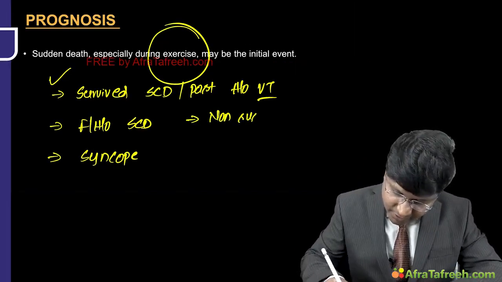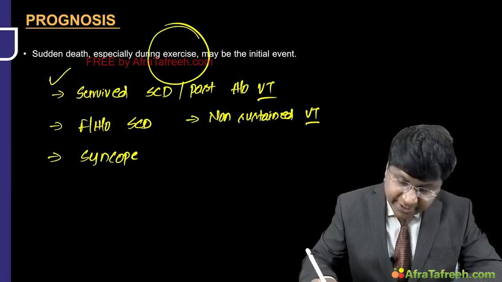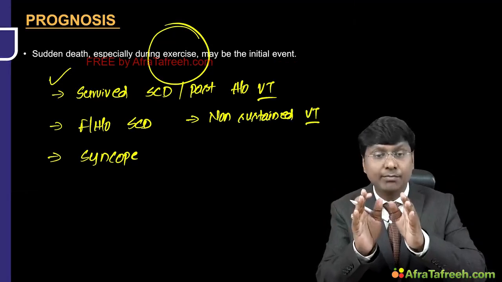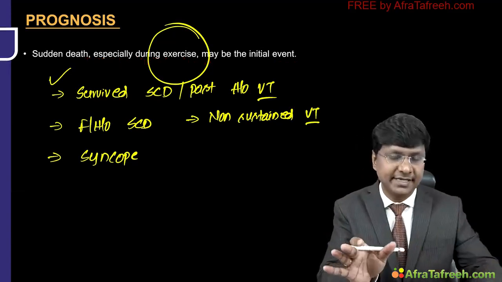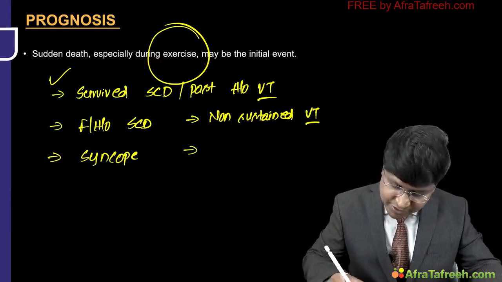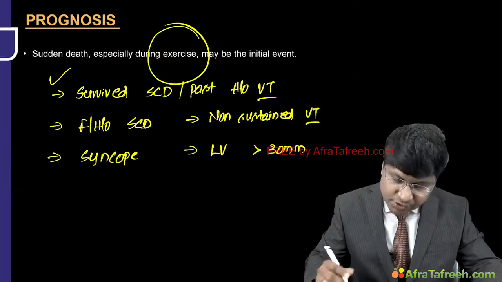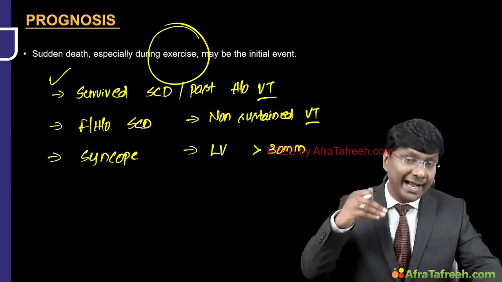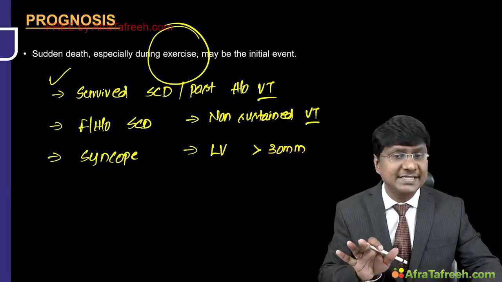Just now we have discussed how much should be VT, like it should be more than or equal to 3 beats at 120 beats per minute, and that can be monitored by ambulatory ECG monitoring. And those individuals with LV wall thickness more than 30 mm. So these are the candidates for high risk of sudden cardiac death, right? In all these individuals, you need to place an ICD.